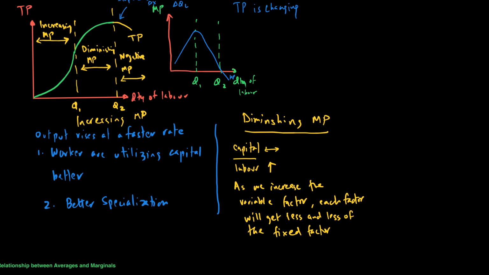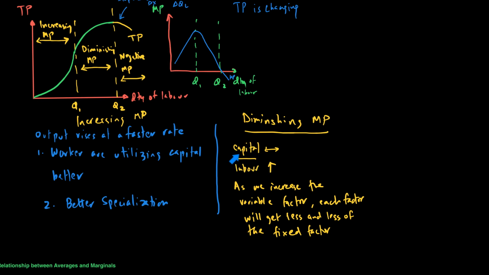So the idea goes like this: because of the fixed factors in the short run, because by definition the short run is where some factors are fixed and others are variable, the law of diminishing marginal returns takes place, where each variable factor gets less and less of the fixed factor.